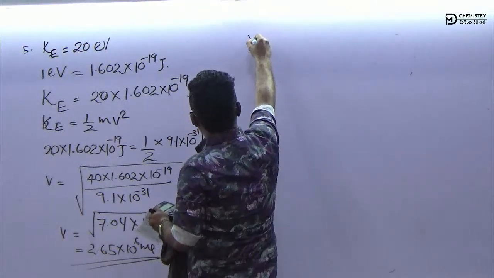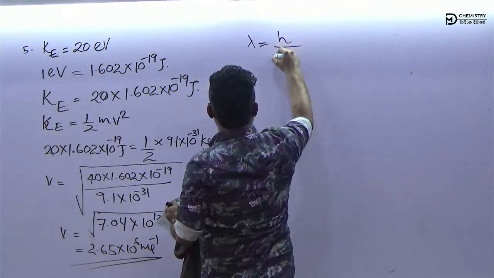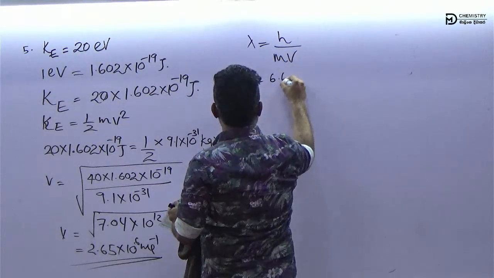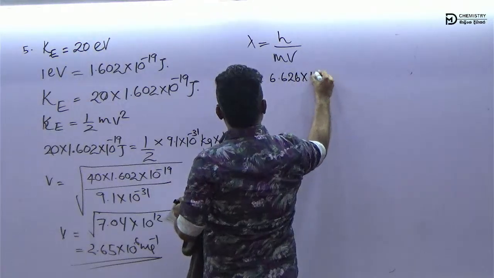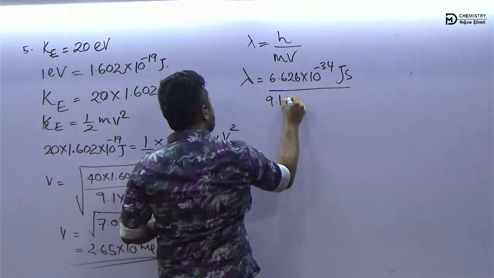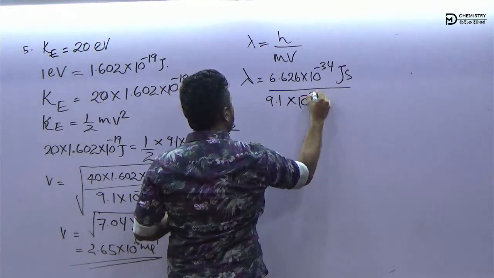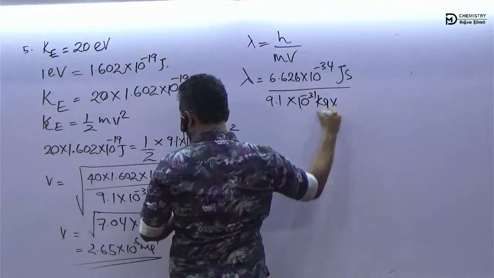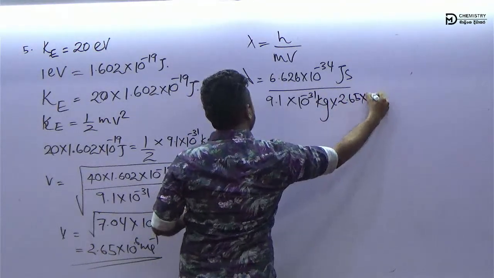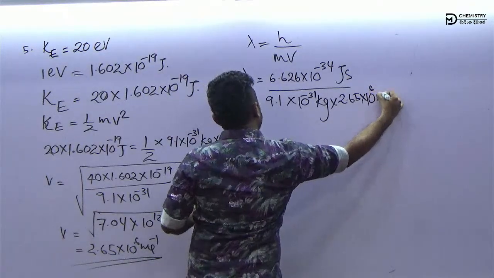Okay, lambda equals h over m v. The Planck constant is 6.626 into 10 to the power minus 34 joule second. The mass of the electron is 9.1 into 10 to the power minus 31 kilogram, and the speed is 2.65 into 10 to the power 6 meter per second.